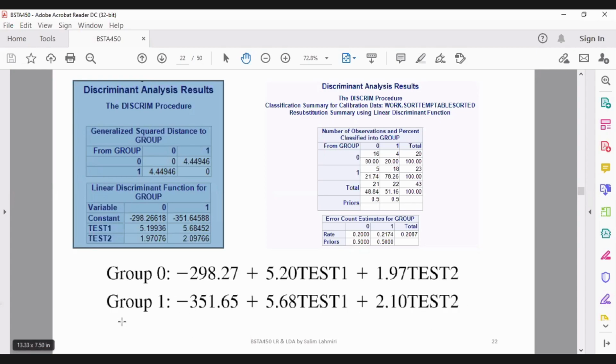For group 1, the equation is minus 35.161 plus beta 1, which is 5.68 test 1, plus beta 2, which is equal to 0.10, multiplied by test 2. These are the two equations we can use to discriminate between two groups. Do you have the equations before I start moving up, please?